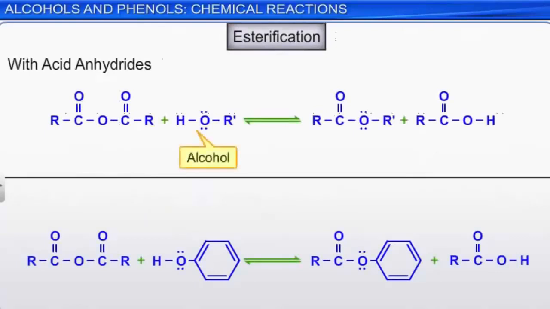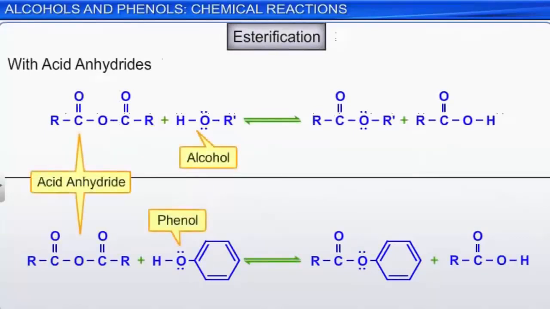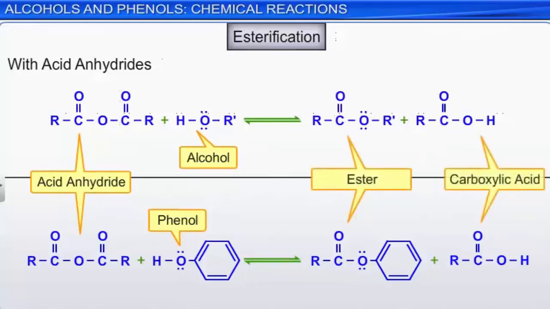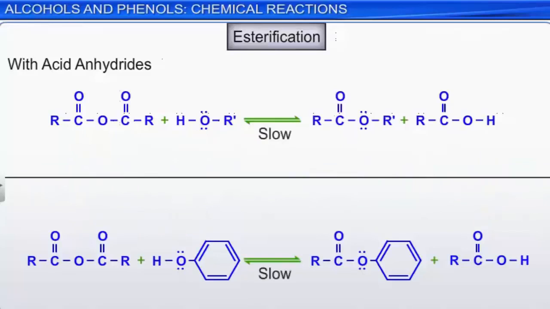Additionally, alcohols and phenols can react with carboxylic acid anhydrides to form an ester as well as a carboxylic acid. These reactions are slow and require heating.